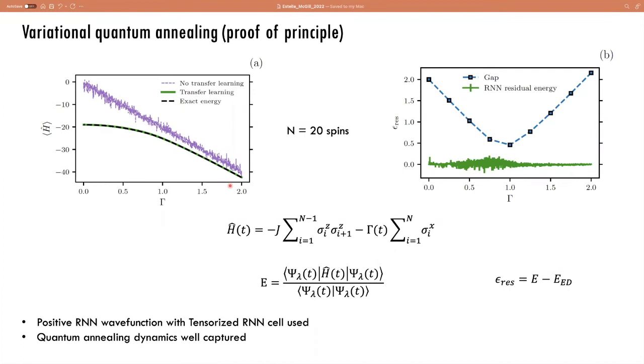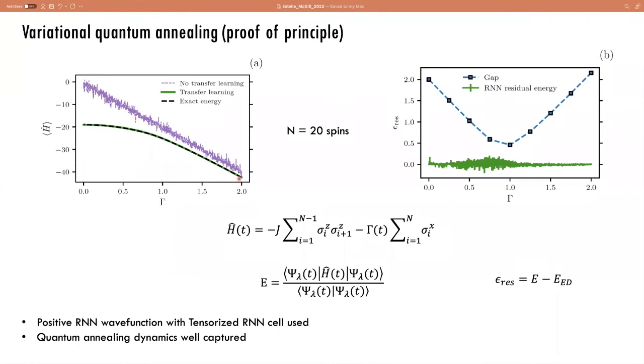So there are two things I could do. I could either completely reinitialize my model by having, again, random weights and biases for my RNN cell, and again train the model using gradient descent. If I do that, every time I change the transverse field, this is the curve I get, right?